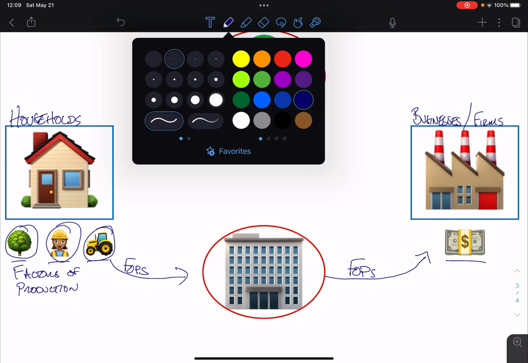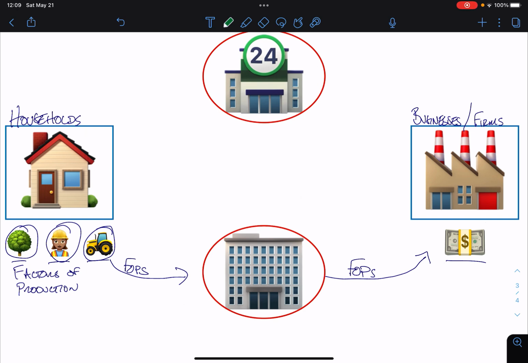In exchange, firms are going to send some of that money back to the households through this bottom half of the market. The money earned by the households for supplying the factors of production is called income.